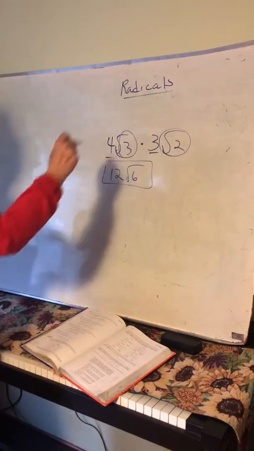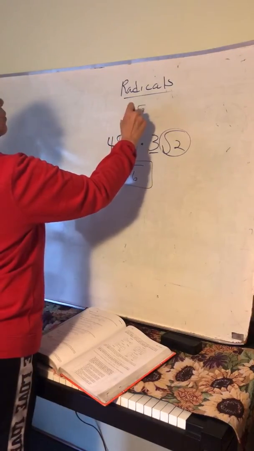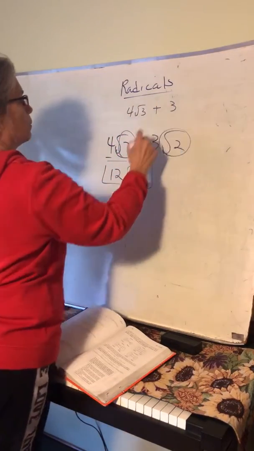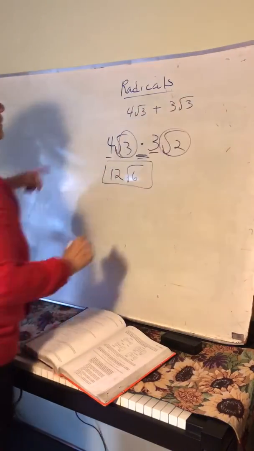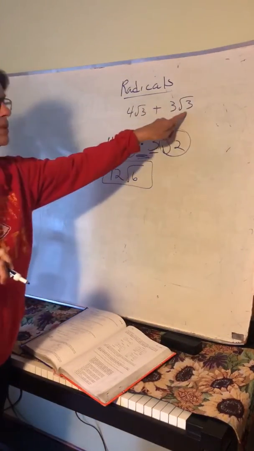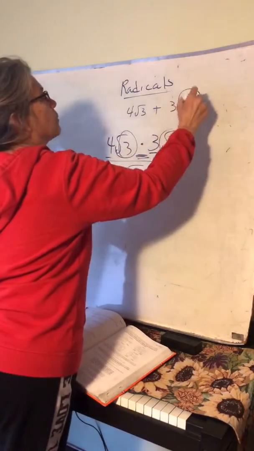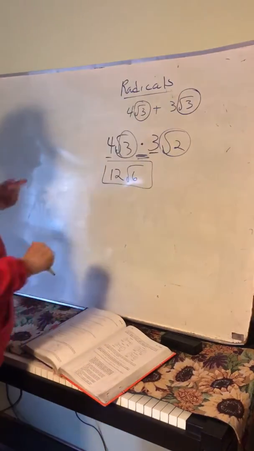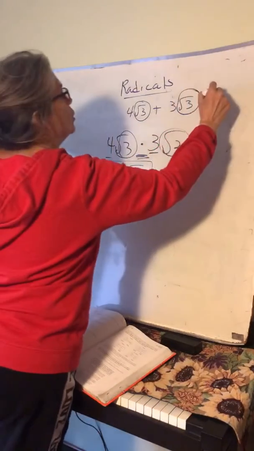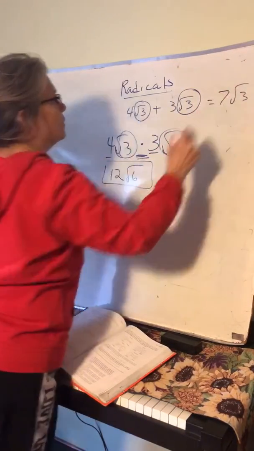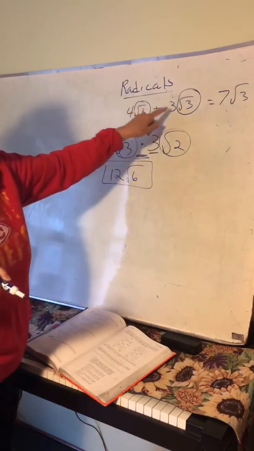Now remember, when our radicals were added, okay, we're multiplying right now, but when they were added, if they were like terms, because you're thinking of these radicals as x's and y's, then you could put them together. As I have 4 of them, I have 3 of them.